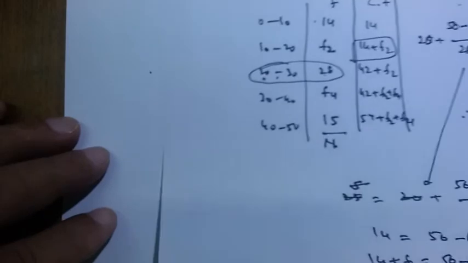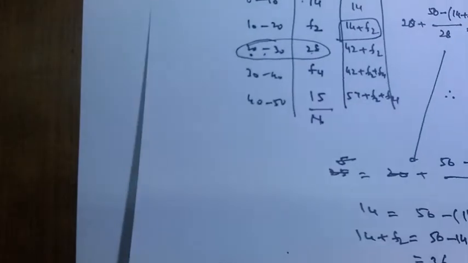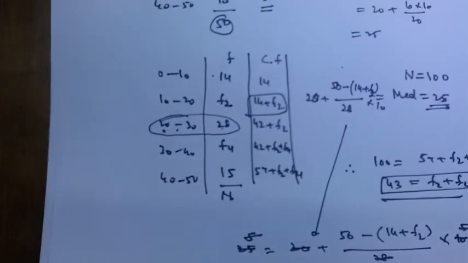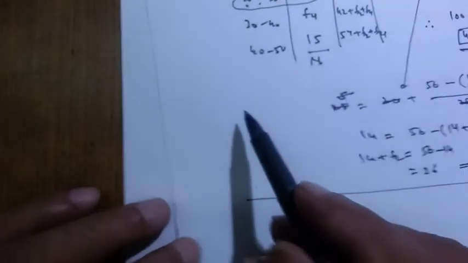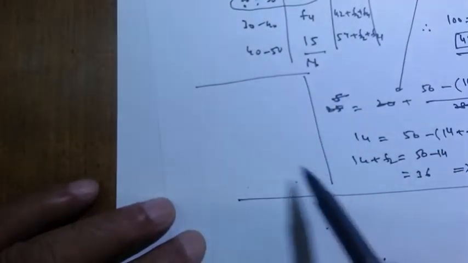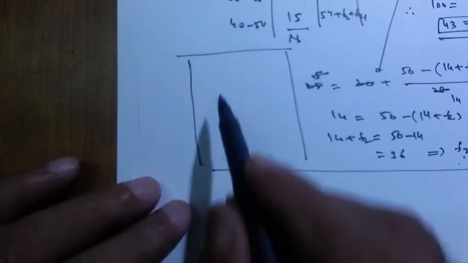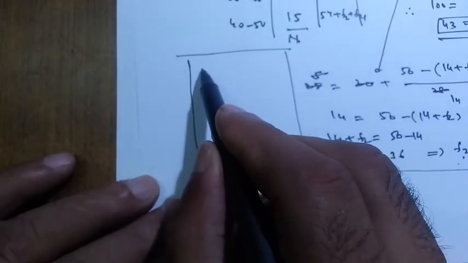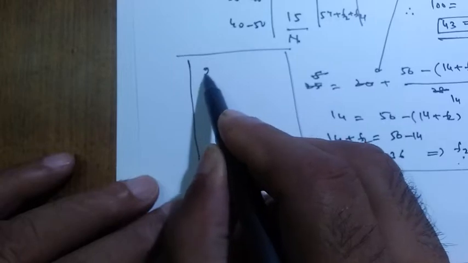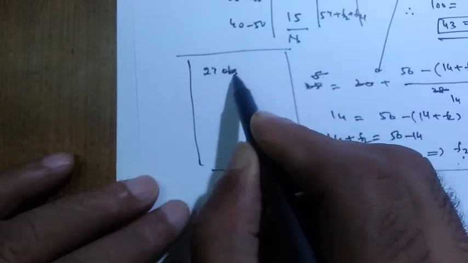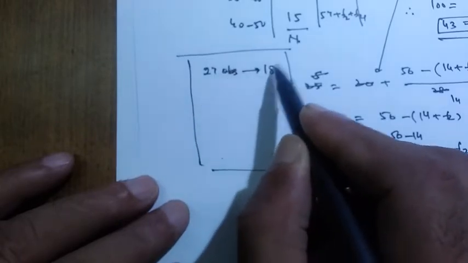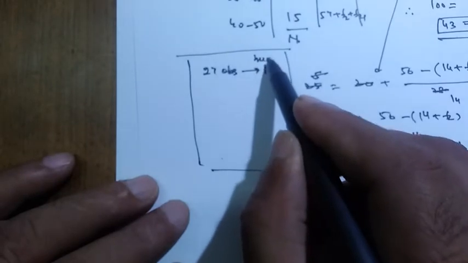So we have the median class, and how to find the median for both discrete data and continuous data. Let's look at one question. Suppose we have 27 observations and their median is equal to 18.